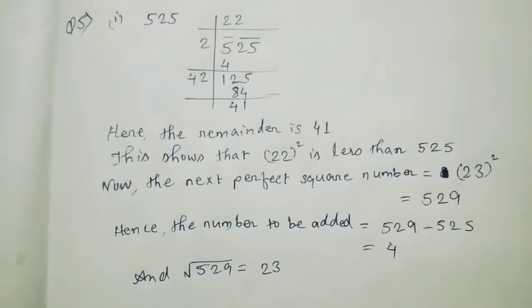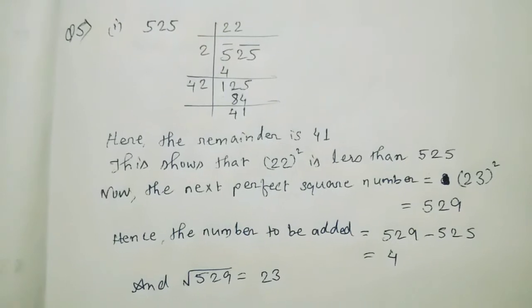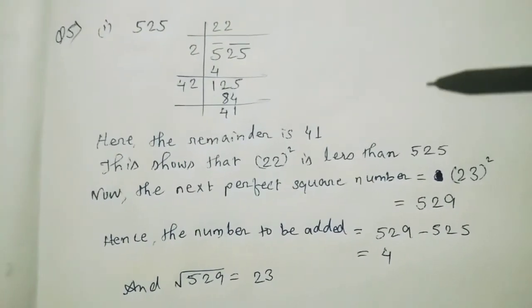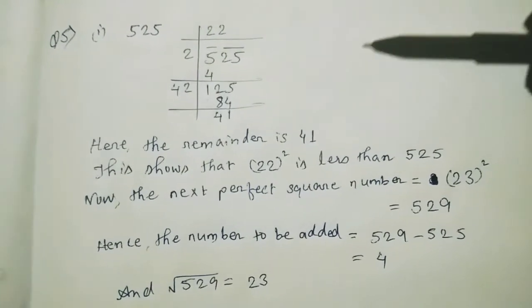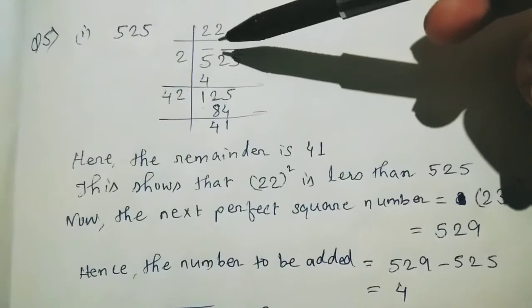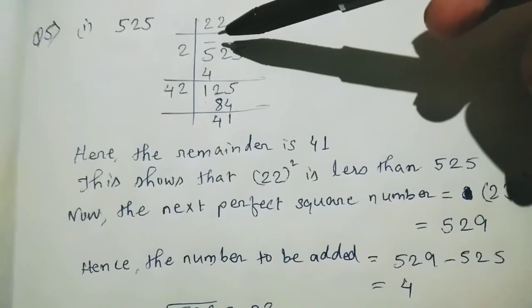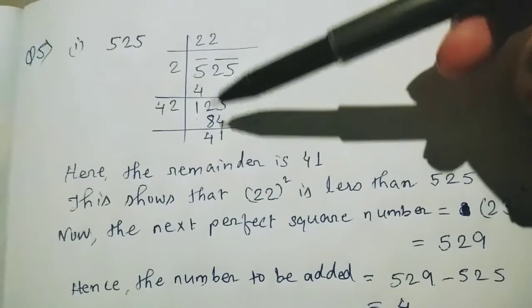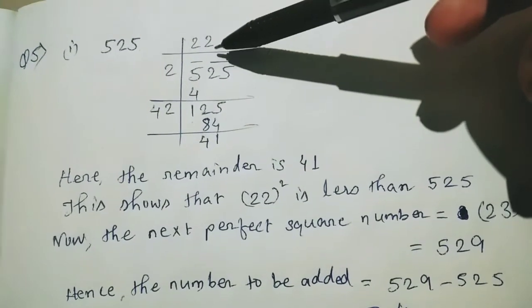Now all of you see, this question number 5, you have to add which number to get the perfect square. So in this type of question, you have to write the language in this way. So here first of all you have to take out the square root by the long division method. Okay, and here we are getting 41 as the remainder and 22 as the quotient.